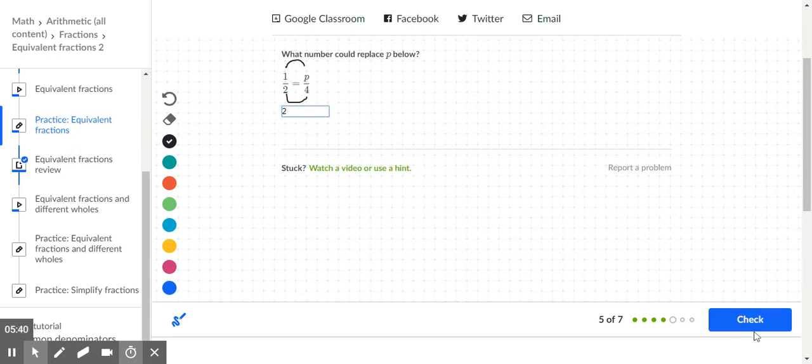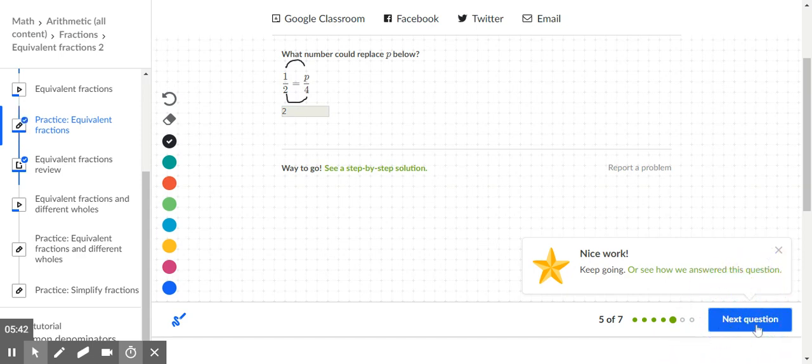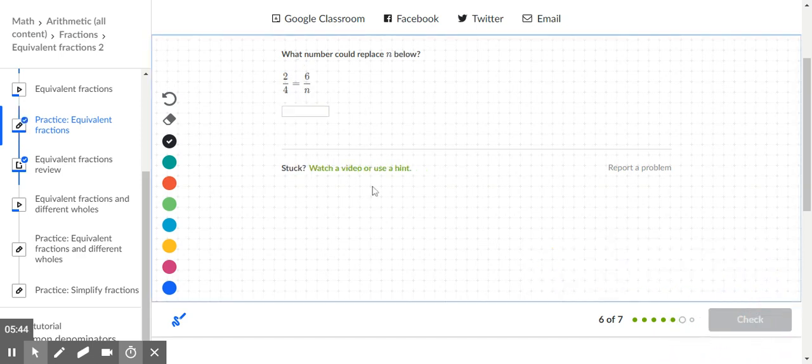And again, we're just checking to make sure we understand that we are multiplying the top and the bottom by the exact same number. Let's try one more. What did I do here? I multiplied 2 times what equals 6? Well, 2 times 3. So then 4 times 3 would give me 12.